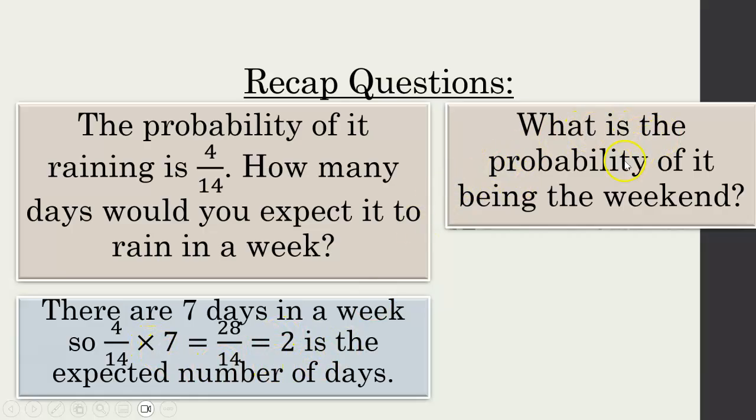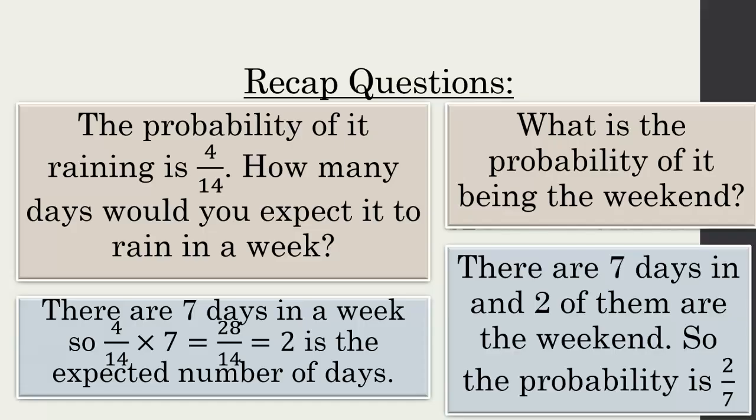Okay, what is the probability of it being the weekend? So what does that mean? Well, today is Tuesday, as I'm recording this, but if you pick any day randomly, what's the probability of it being the weekend? Well, think about it. There are 7 days in a week. How many of them are the weekend? 2 of them are the weekend.